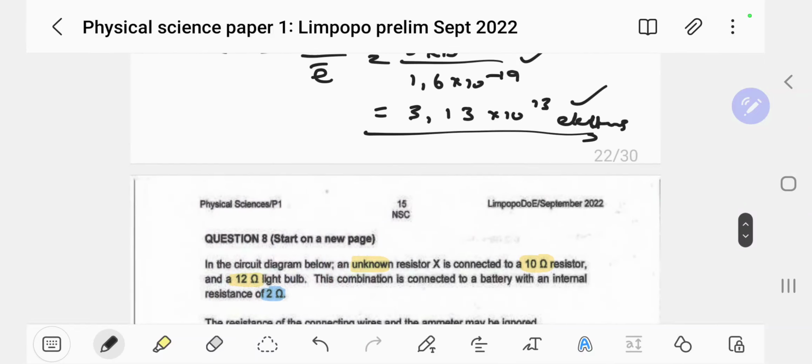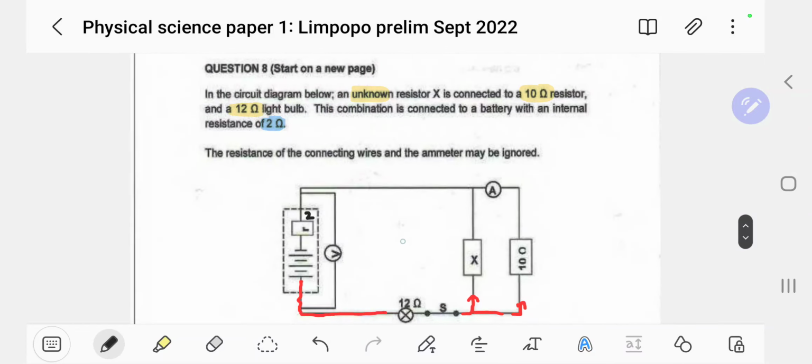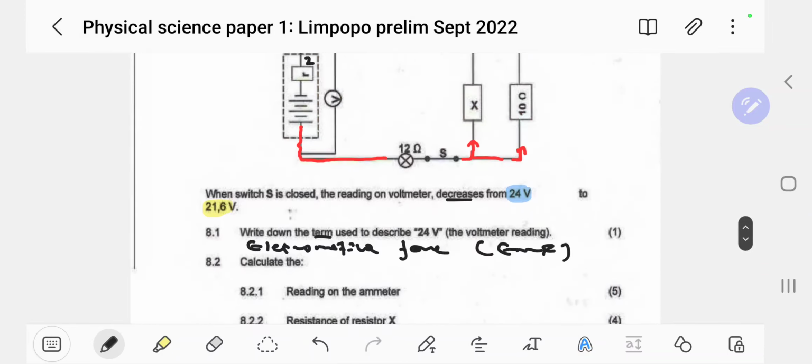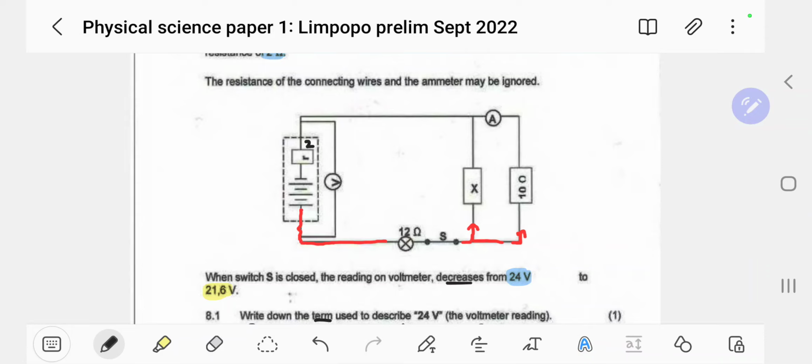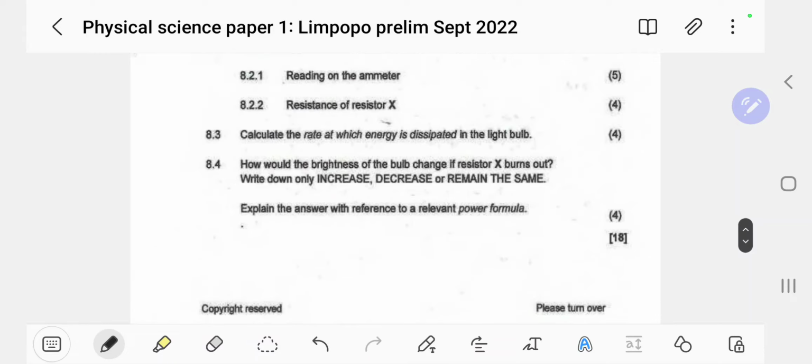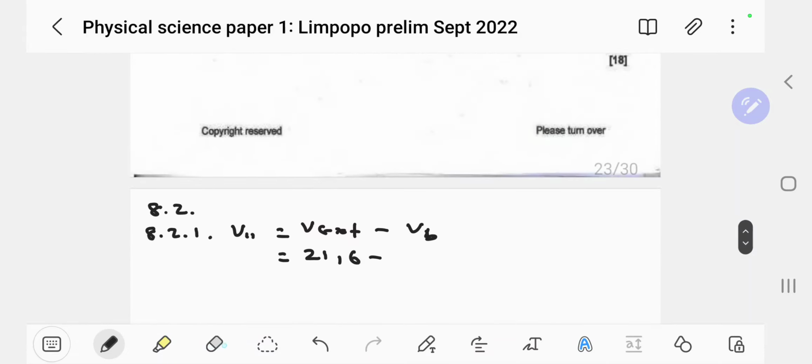It's not as easy as I thought. Let me just do it this way. A1.